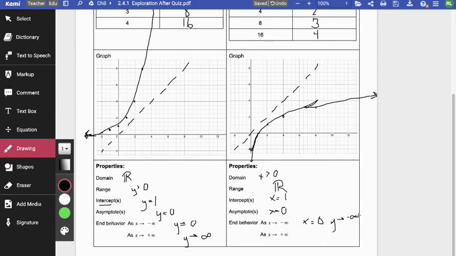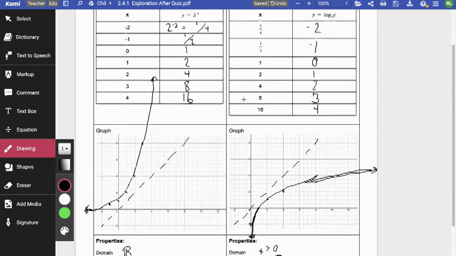What that means is as this x keeps going in this direction, our y is just going to get smaller and smaller in the negative direction. And as our x goes off in this direction, our y is going to get bigger and bigger right along with it.